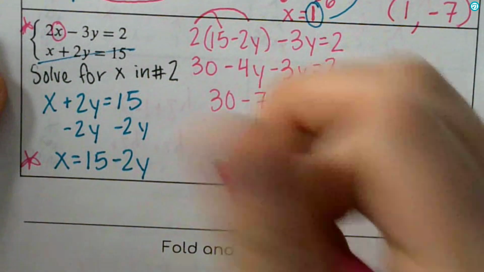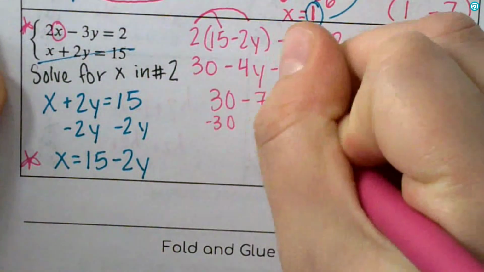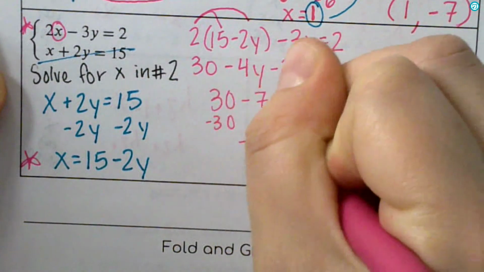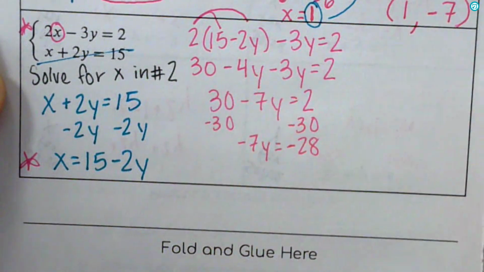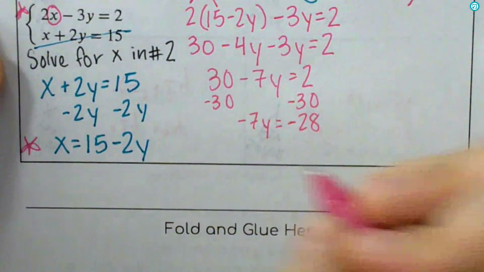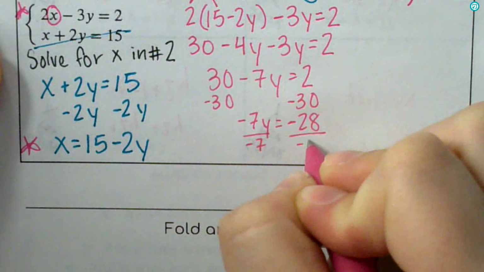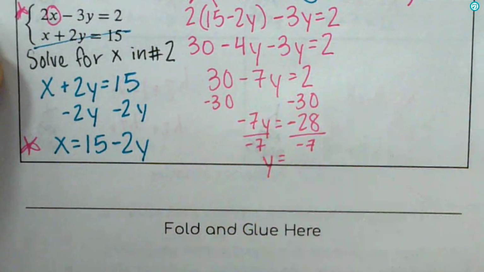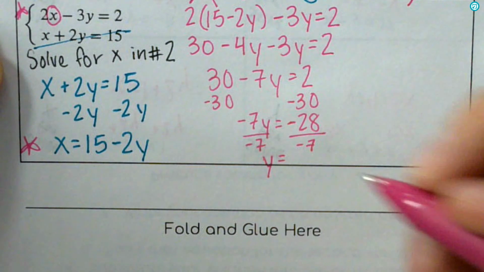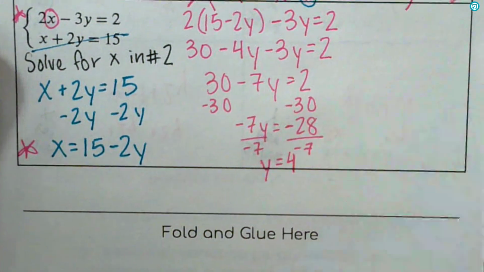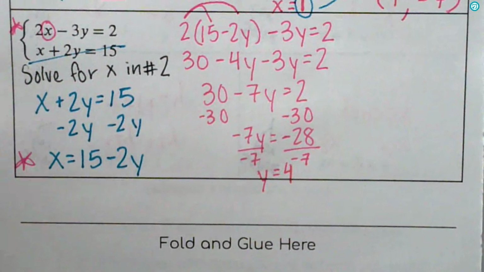I'm going to subtract 30 from both sides. I've got negative 7y equals negative 28. And then divide both sides by negative 7. I've got y equals negative divided by a negative, once again, is positive. 28 divided by 7 is 4. Okay, any questions right now?